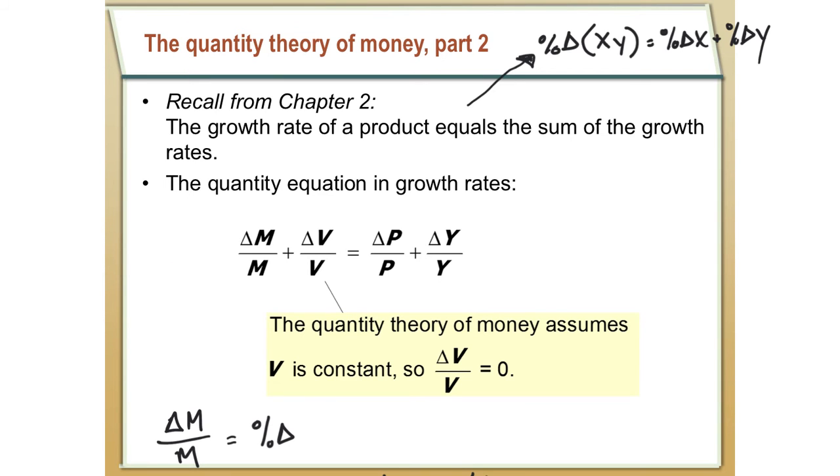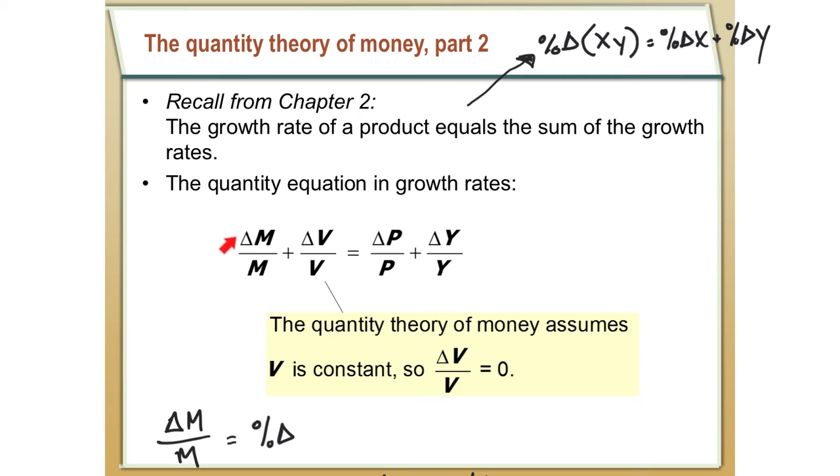To get some further intuition out of this quantity equation, it's helpful to convert it to growth rates. So don't let this notation fool you. When you see this ΔM over M here, this is just like your standard percent change formula. You may have seen something like new minus old over old to calculate percent change.